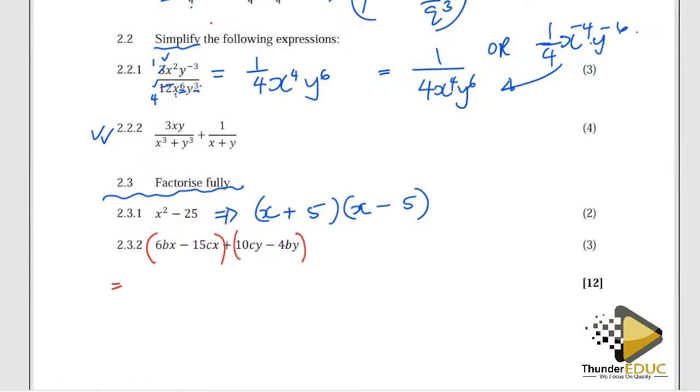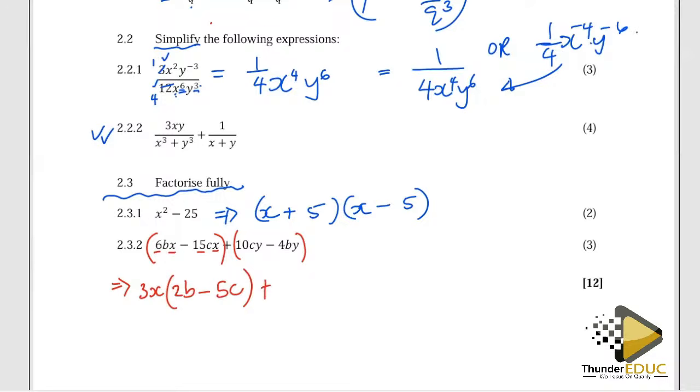With the grouping, the target must be to get the same bracket at some point. After grouping, you need to factor out what is common. From this bracket, I can see there's x. But with the 6 and the 15, there is also a common factor, so I'll take out 3x. Then I'll be left with 2b, minus 15 divided by 3 is going to be 5c.